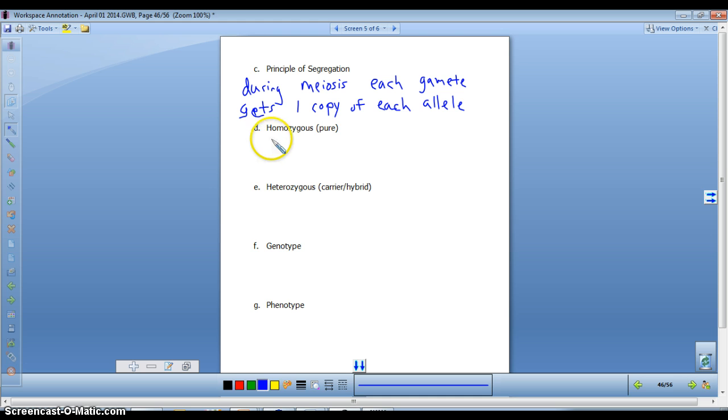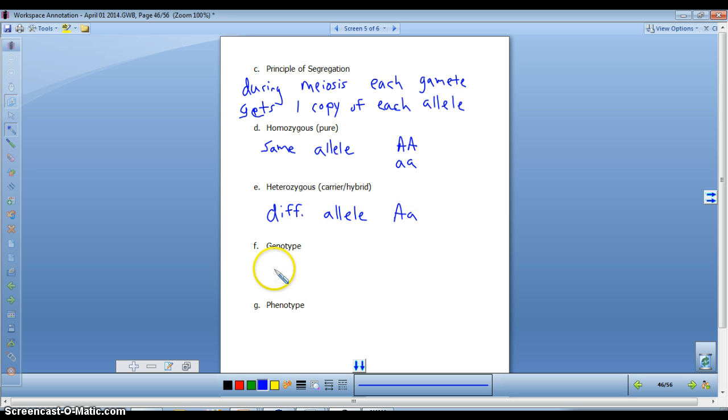Homozygous, same allele. Okay, you can have homozygous dominant or homozygous recessive. Heterozygous, different alleles.